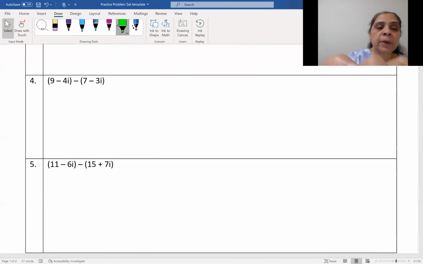Next one we have subtraction. Whenever we have subtraction, what you need to do is change the sign of the second polynomial, I mean the second complex number.